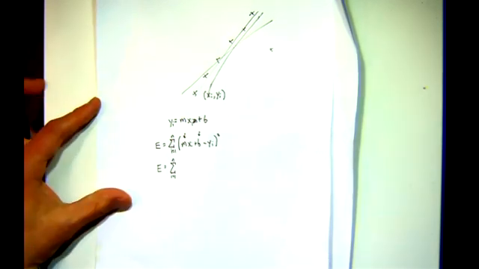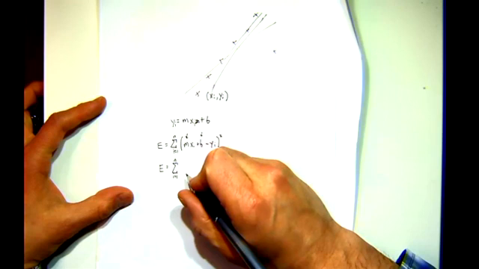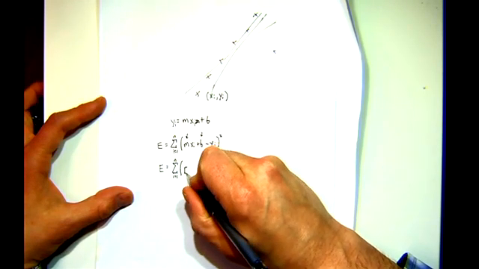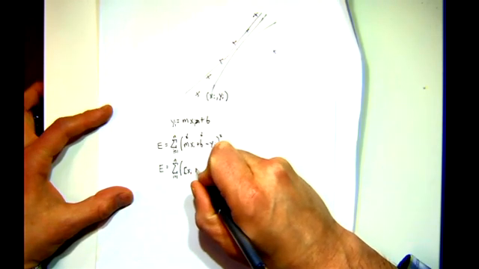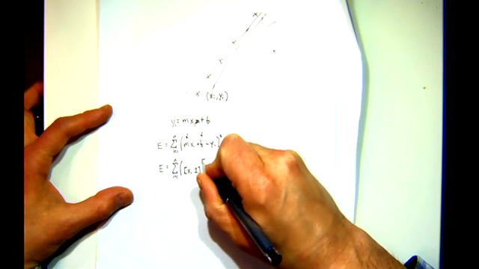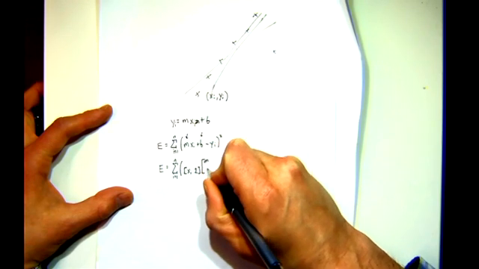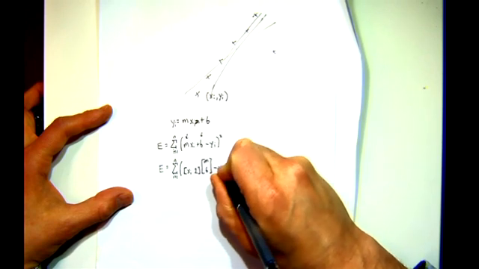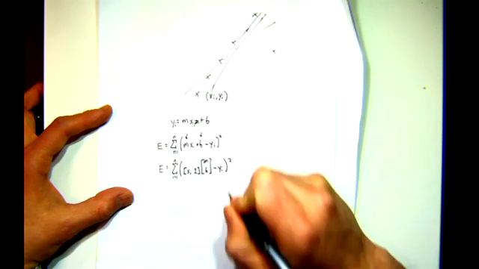So I can just write this as the sum of (xi, 1 times (m, b) minus yi) squared.